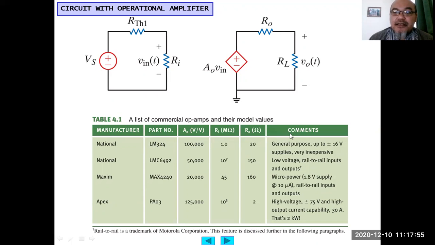This can be used as a general purpose operational amplifier up to plus minus 16 volt supply and is very cheap. Another type by the same manufacturer, LMC6492, has a 50,000 gain with input impedance of 10 mega ohm, output impedance is 150 ohm. It is low voltage rail-to-rail inputs and outputs.